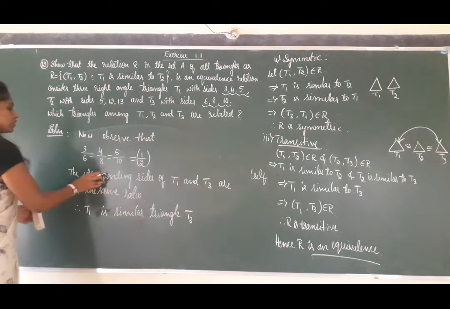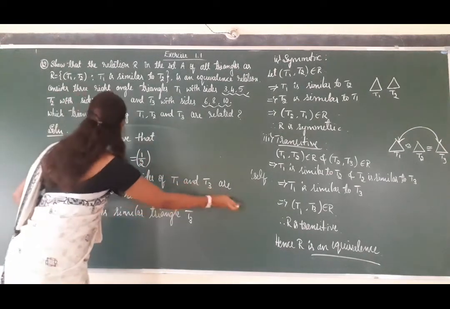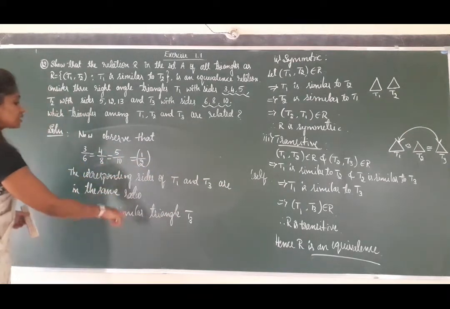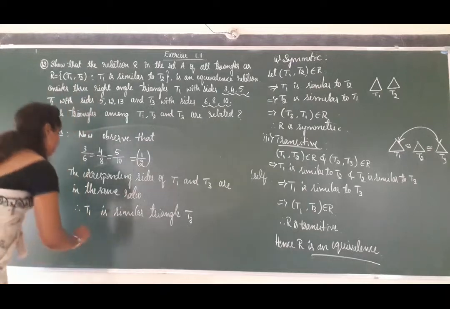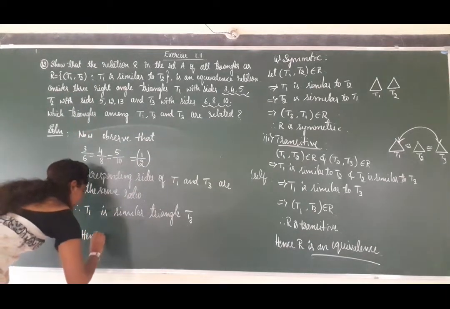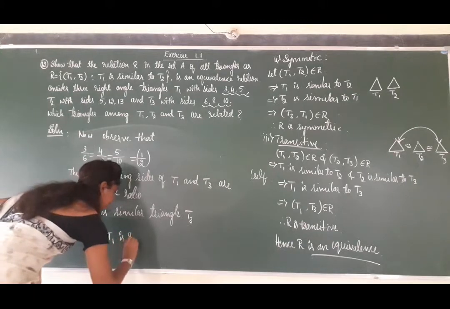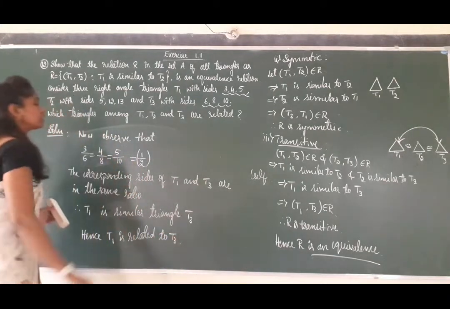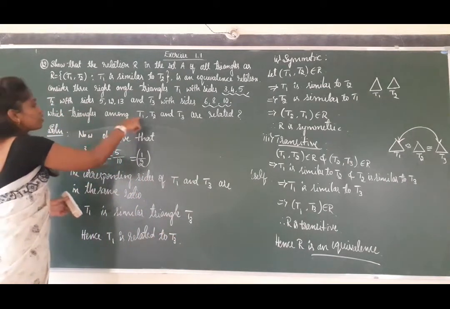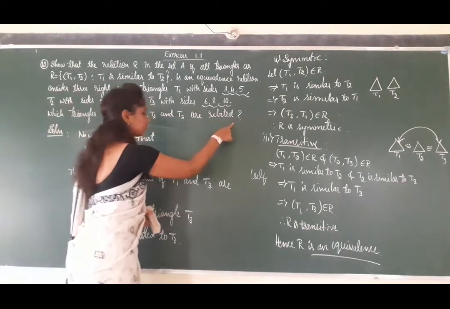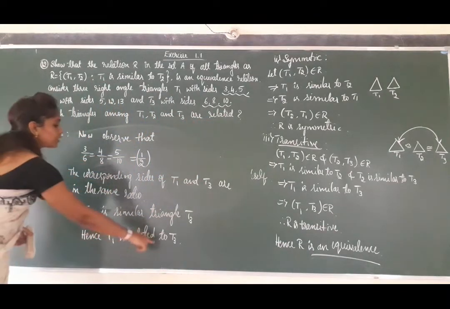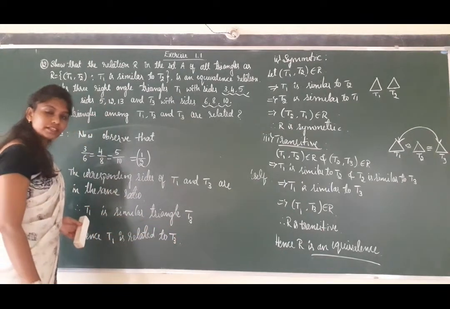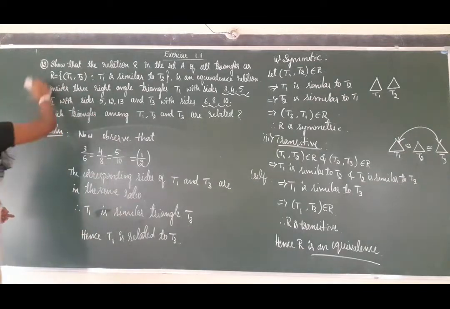Observe here, the corresponding sides of T1 and T3 are in the same ratio, that is equal to 1 by 2. Hence, T1 is similar to T3. Therefore, T1 is related to T3, because T1 is similar to T3. Is it clear? Now move on to the next question.